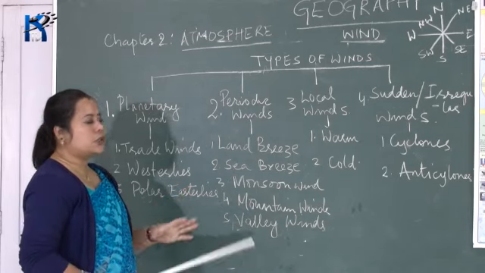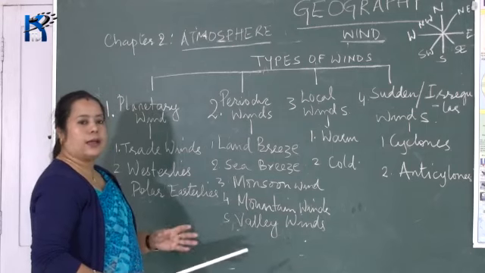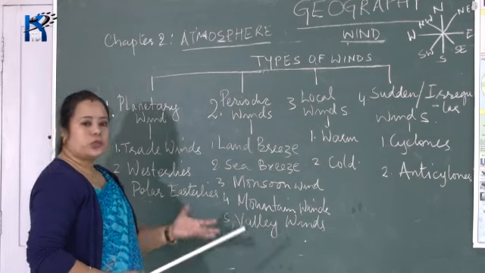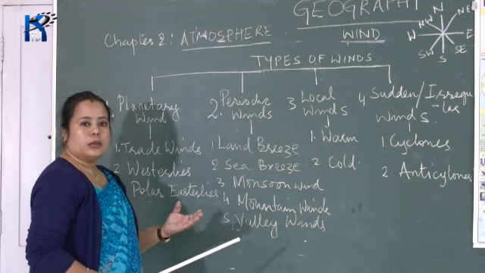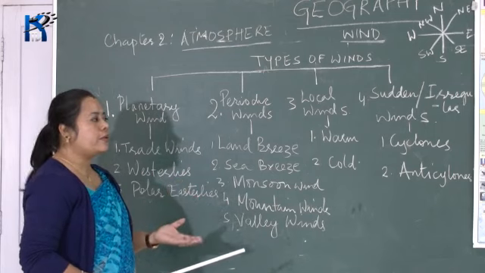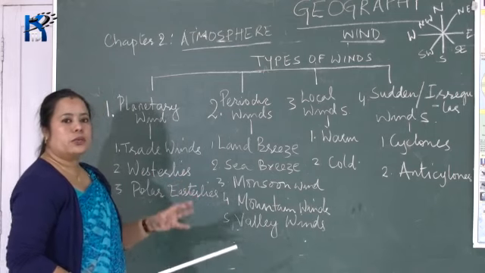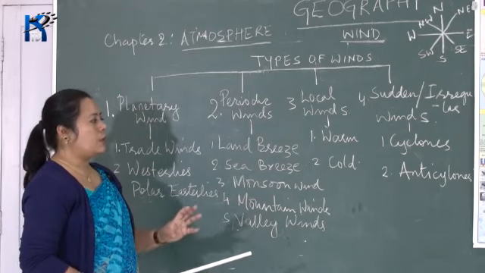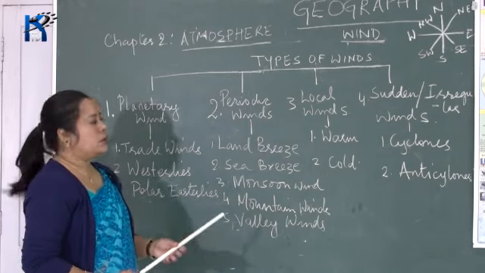There is an inverse relationship between temperature and pressure that I already told the students in my previous class. Where there is high temperature, there prevails low pressure, and where there is low temperature, there occurs high pressure.